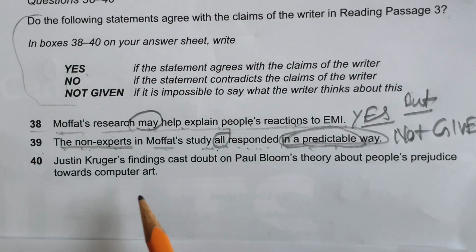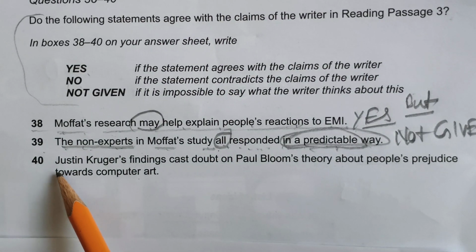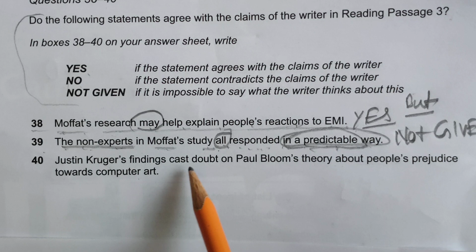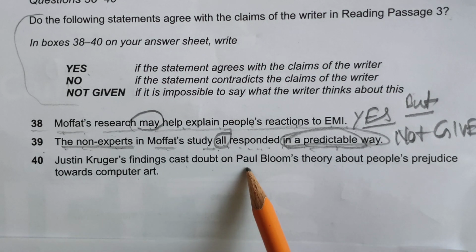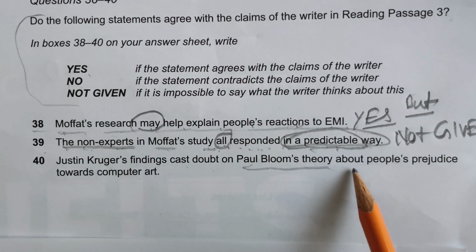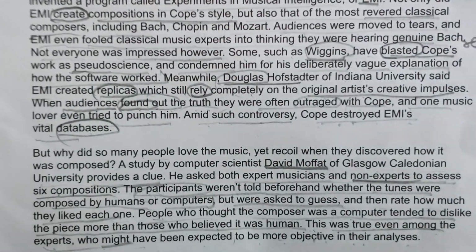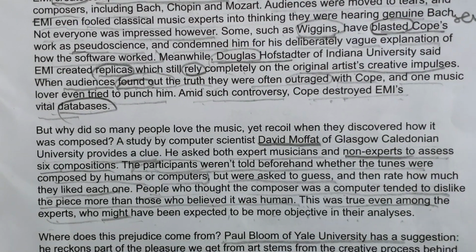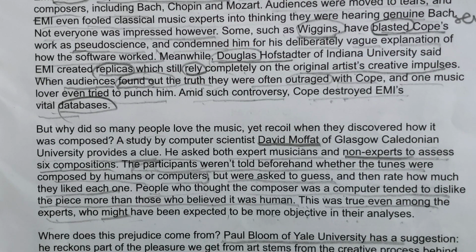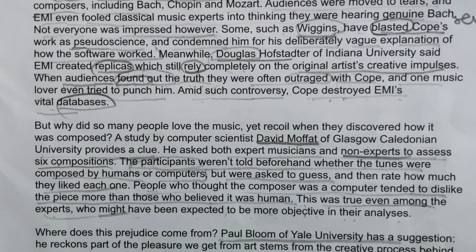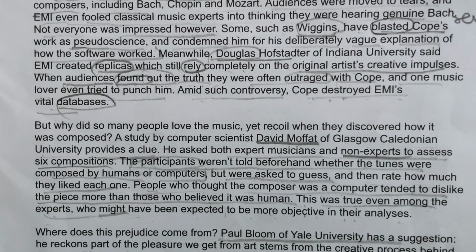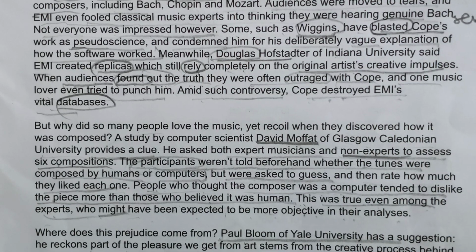Let's move on to the next question: Justin Kruger's findings cast doubt on Paul Bloom's theory about people's prejudice towards computer art. Okay, let's read it. Paul Bloom has a suggestion. He reckons part of the pleasure we get from art is the creative process behind the work. This can give an irresistible appeal, says Bloom.